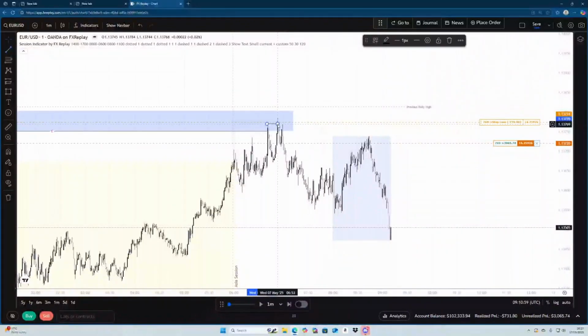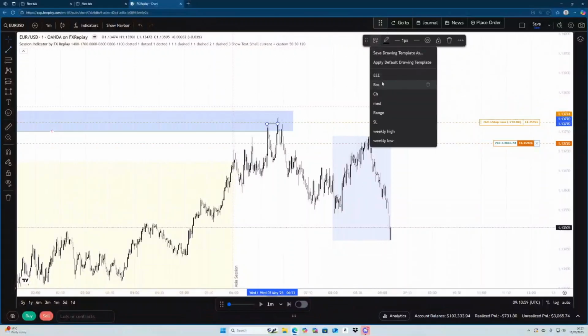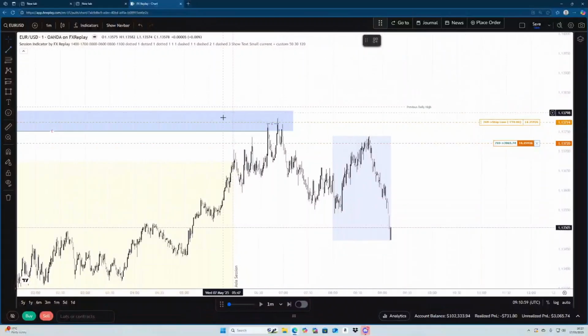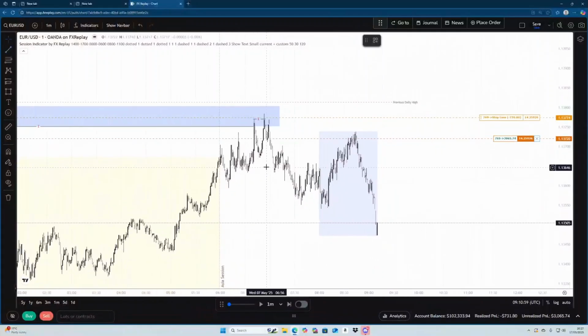Minor inducement here, number one. Then I see we break this structural point here. Nice. There's some more here. Samara, would this be my two leg here? Hold on, let me see. Like this? Which one?